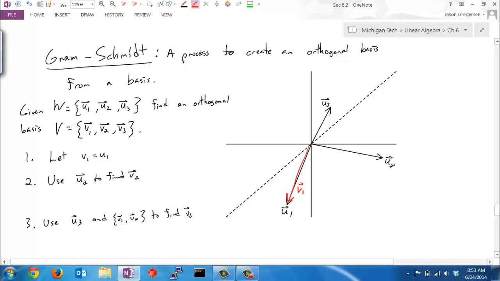Then I've got to use u2 to find my v2. I need to use this vector to find my next orthogonal vector. How am I going to do that? I'm going to project. I'm going to find the projection of u2 onto v1.